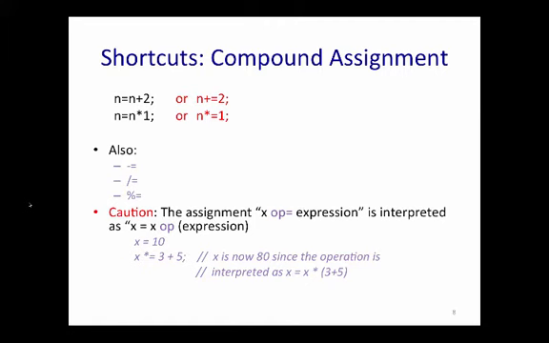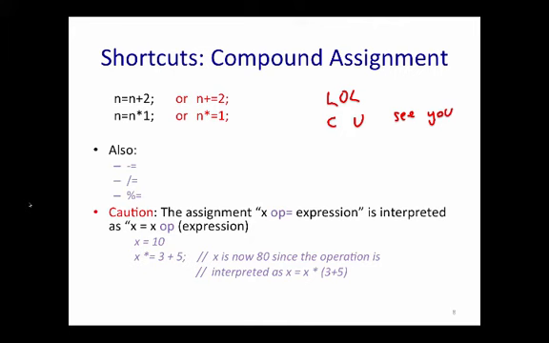Next thing we're going to discuss is some shortcuts that you can perform in C++. So when you are texting, you're probably familiar with using abbreviations. Like you might say LOL for laughing out loud, or you might say CU instead of writing out the words see you.